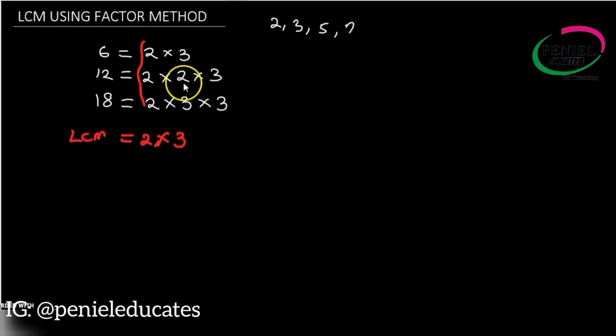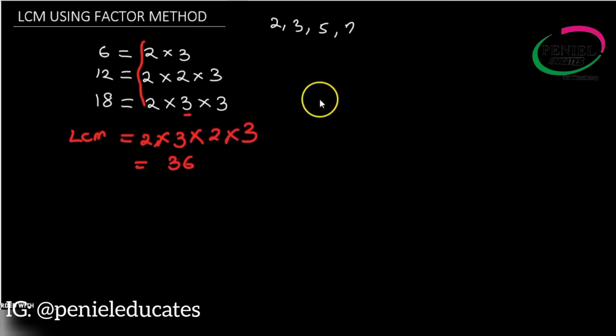Then we have 2 and 3 that are not common, so we pick and multiply by 2, then multiply by 3. So that will be 2 times 3, that's 6, times 2 is 12, 12 times 3 will be 36. So the LCM of 6, 12, and 18 is actually 36.